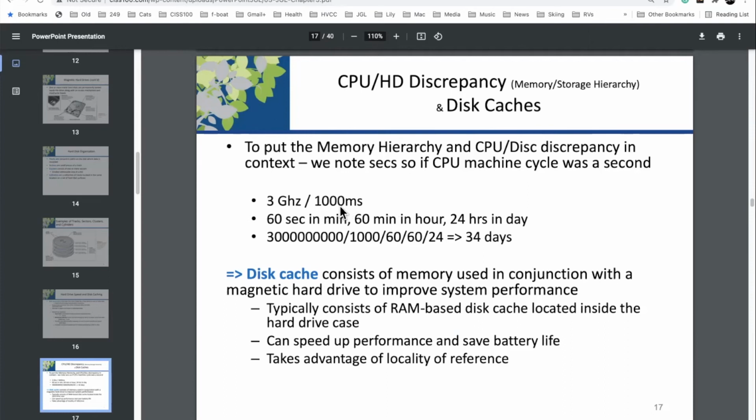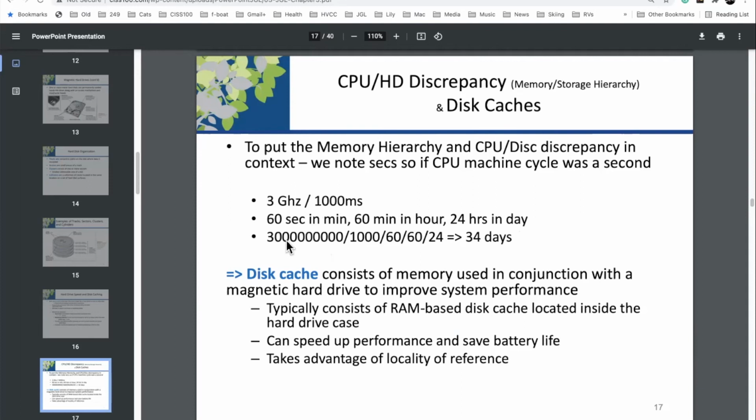Well, if we look at the access time of a hard drive, it's in milliseconds, okay? My CPU, 3 gigahertz, billions of cycles per second. I know there's 60 seconds in a minute, 60 minutes in an hour, 24 hours in a day. And I can just do the math.